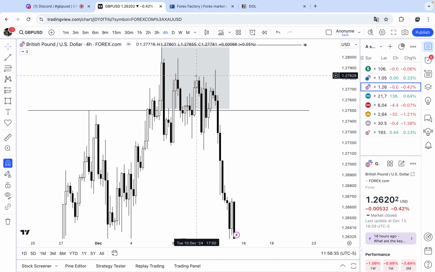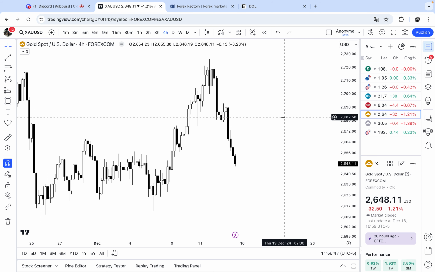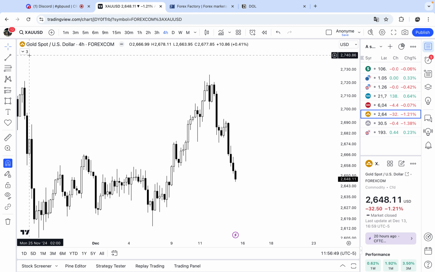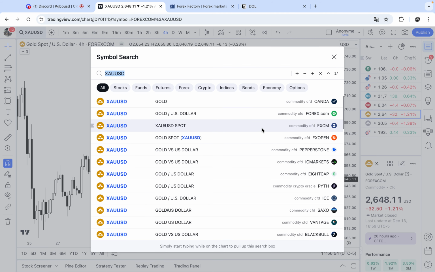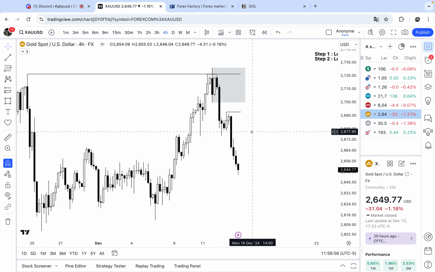But 4 hour CRT, I'm looking for a timing purge. So for example, look at gold right now. I will look for a 4-hour CRT here. Why? Because this is a 4-hour key level.